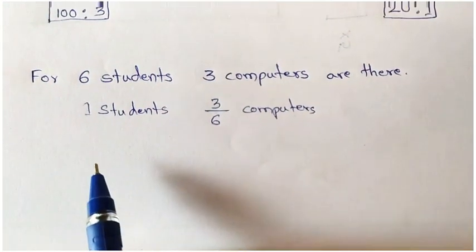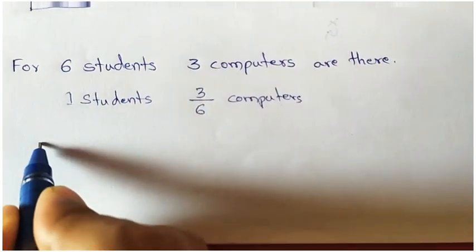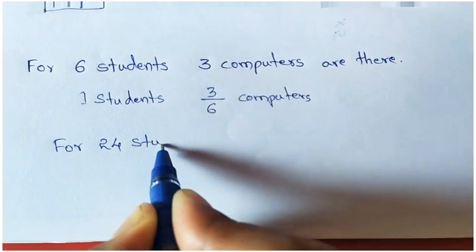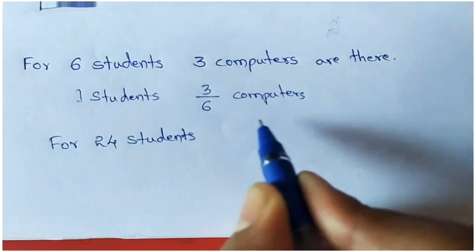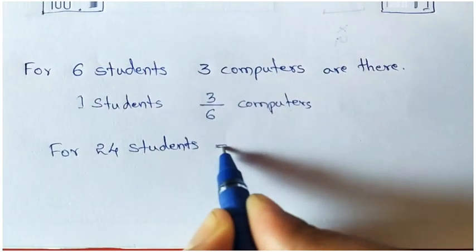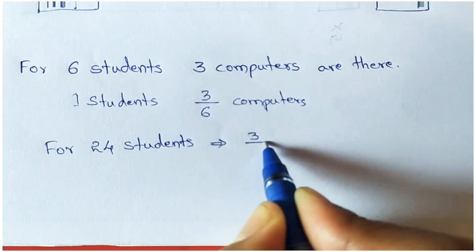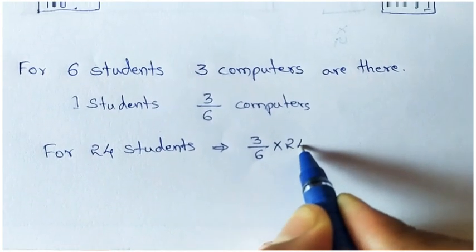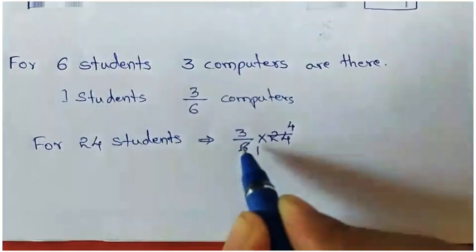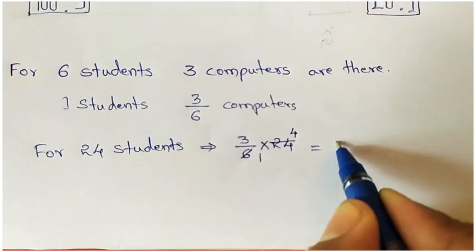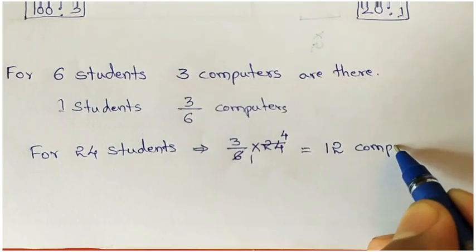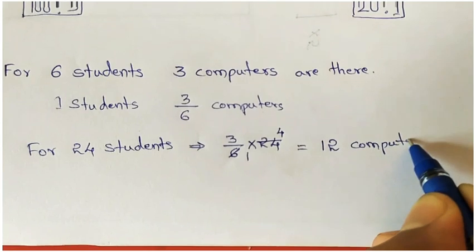Now how many students do we need? For 24 students, you have to multiply with the ratio for one student. For 24 students, we will get here 3 by 6 into 24. 6 ones are 6, 6 fours are 24. So 3 fours are 12. So for 24 students we will get here 12 computers.